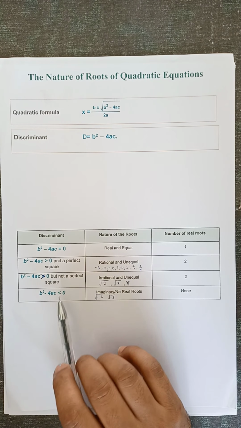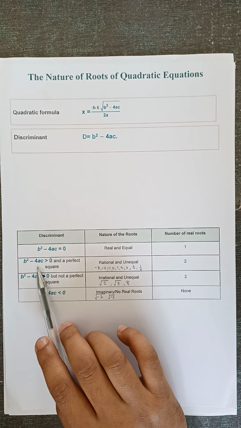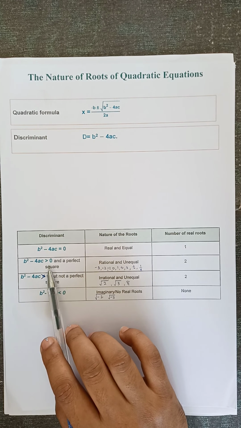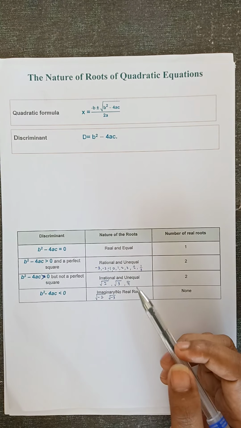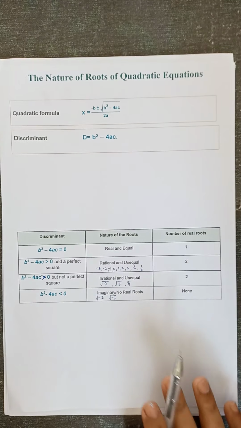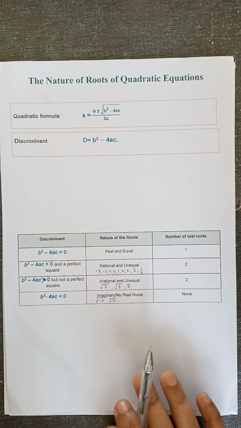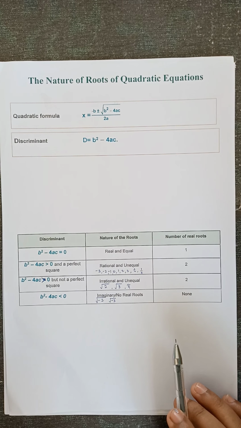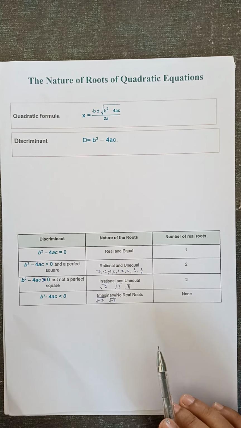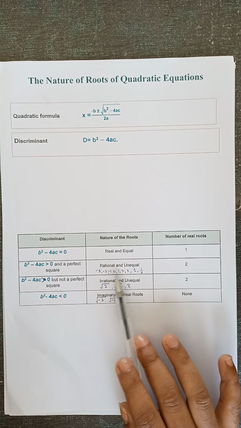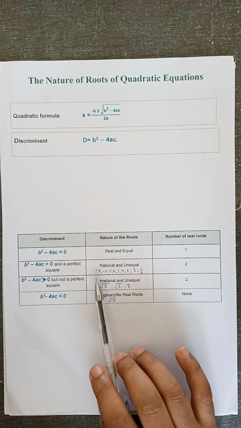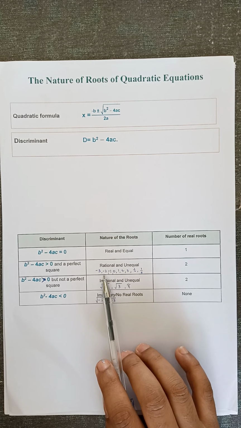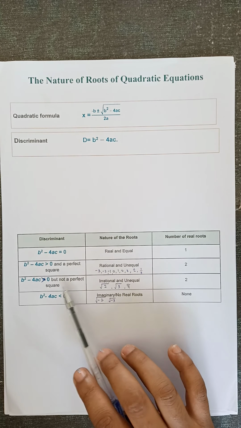So the second one is if the discriminant is greater than 0 and a perfect square. So we can say that the nature of the roots are rational and unequal. So rational siya but they are unequal. The examples of rational numbers are this one, negative 3, negative 2, or negative infinity.